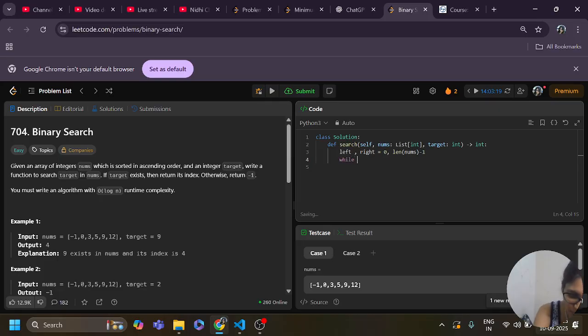Here I am going to apply a while loop: while left is less than or equal to right, I need to define mid equals left plus right divided by 2.